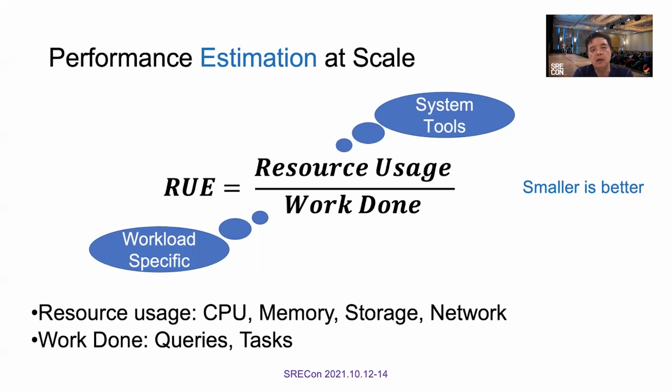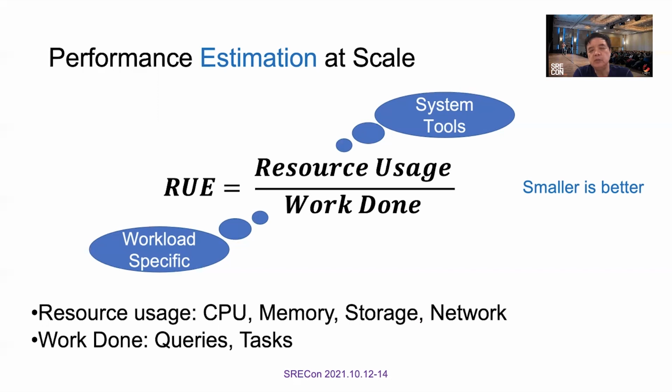We define resource usage effectiveness, RUE, as resource usage per work done. Resource usage can be measured using CPU utilization, for example. Earlier, we talked about how CPU utilization can be misleading if you just use the overall number. However, the CPU utilization might be more meaningful if you break it down to individual cores or individual logical CPUs.